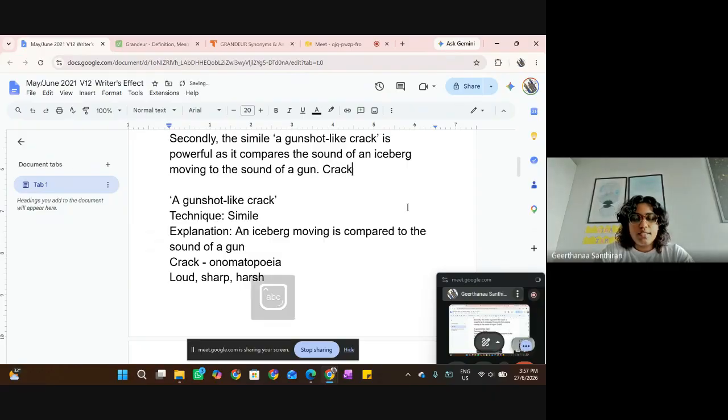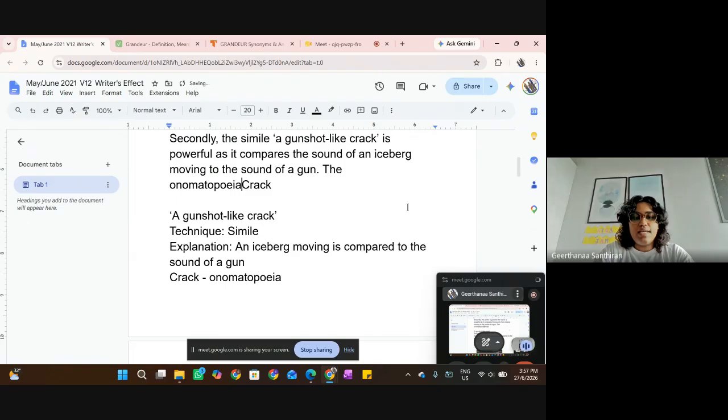Crack, the onomatopoeia crack. Okay, this part is easy to spell, but the final part is poeia. Okay, worth learning if you want to use the name of this technique in your answers. Okay, the onomatopoeia crack.